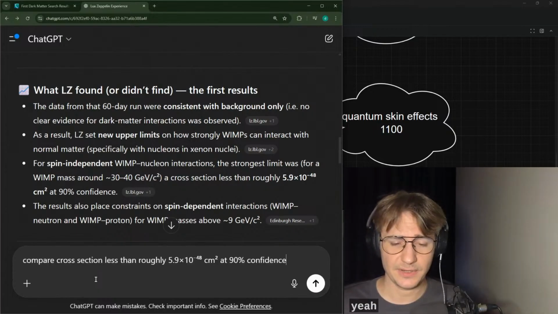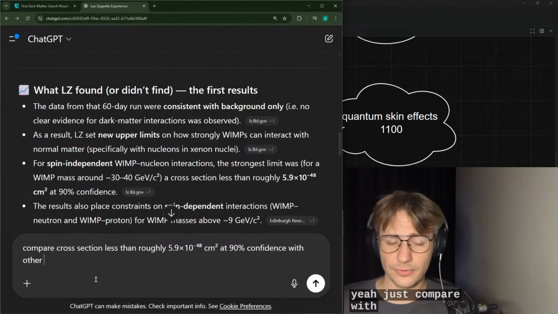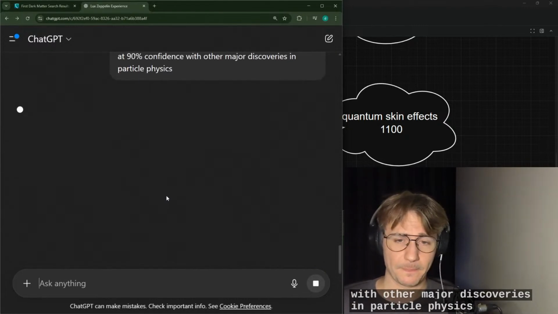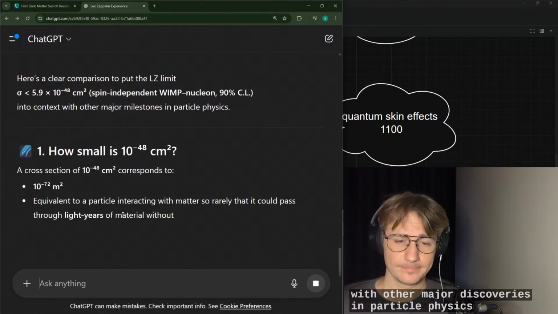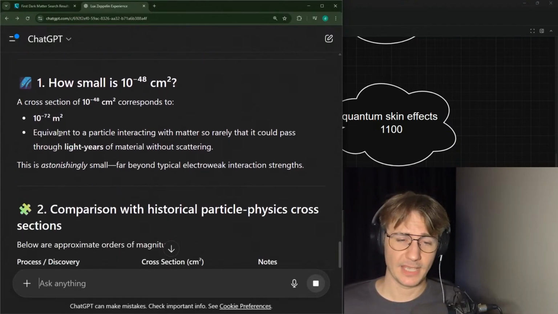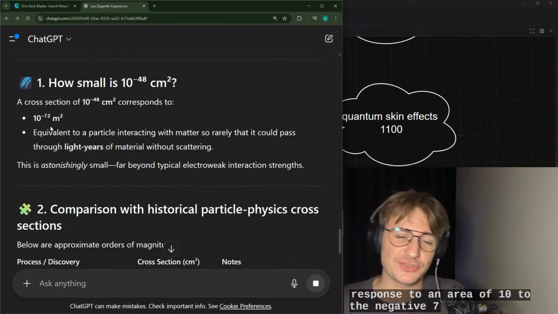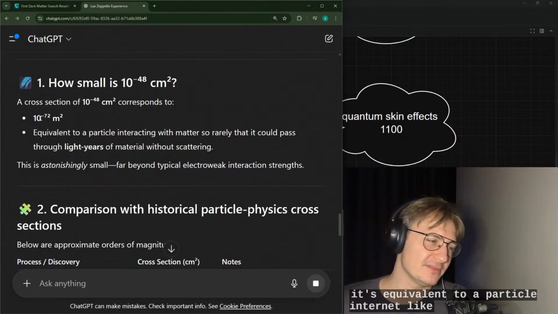Just compare with other major discoveries in particle physics. It corresponds to an area of 10 to the negative 72 meters squared. It's smaller than Planck scales, right?